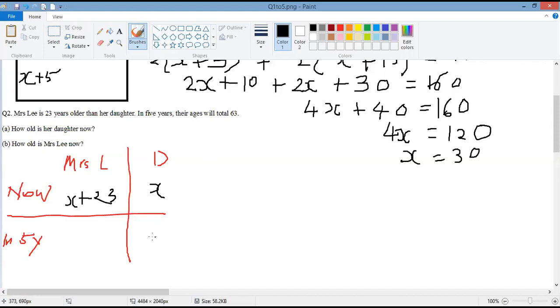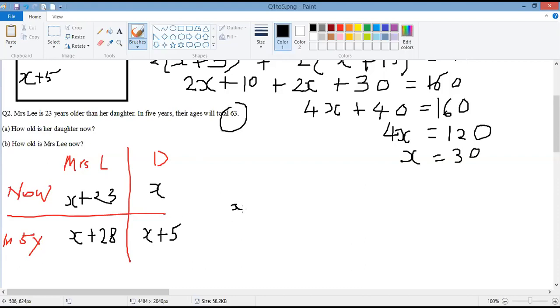So after 5 years, the age of the daughter will become X plus 5. And after 5 years, Mrs. Lee will become X plus 23 plus 5, you got 28. So in 5 years, the sum of Mrs. Lee's age and her daughter's age equals 63, given by the question.